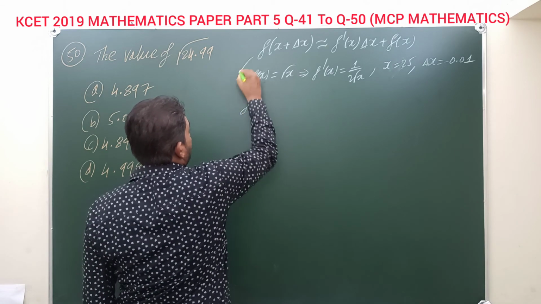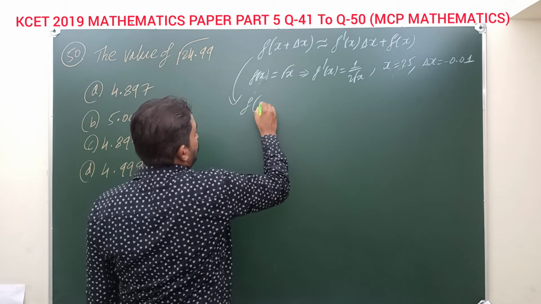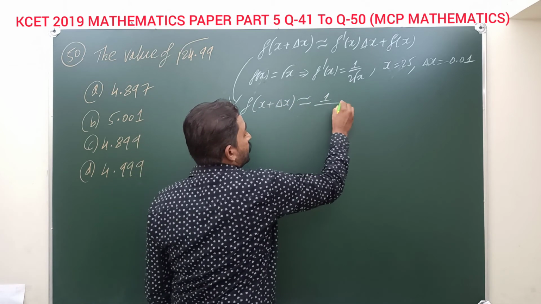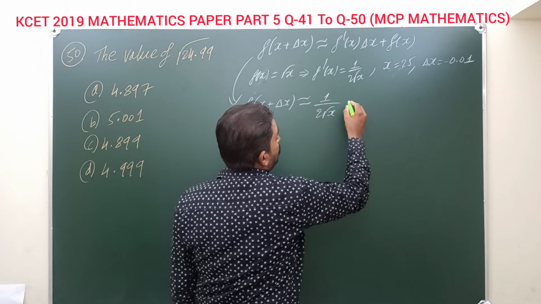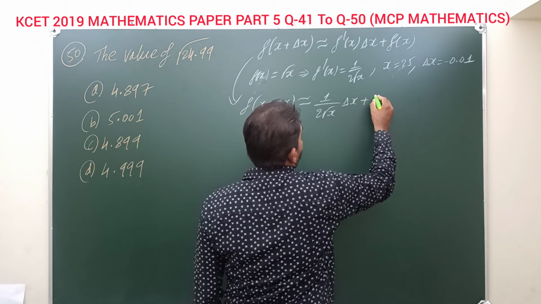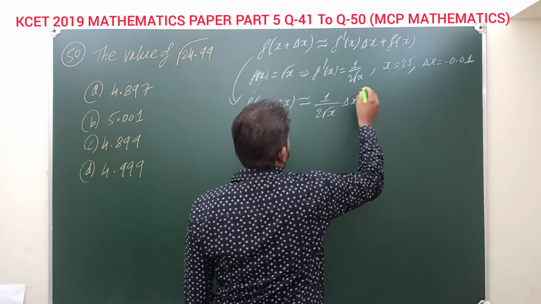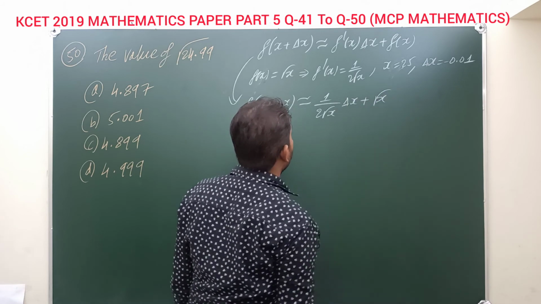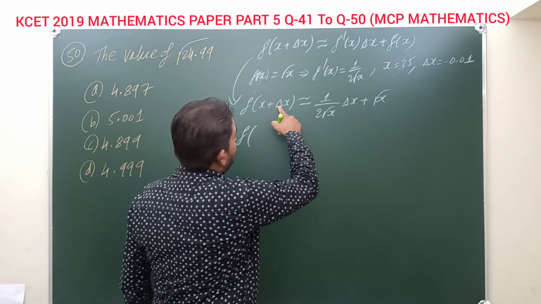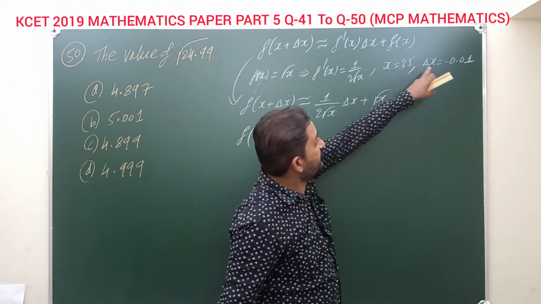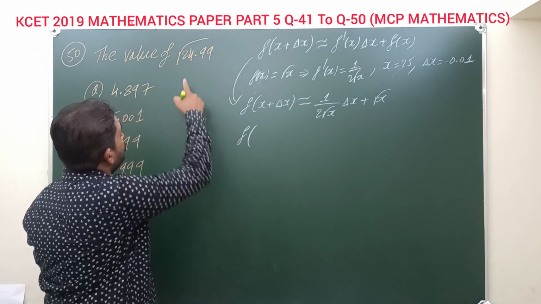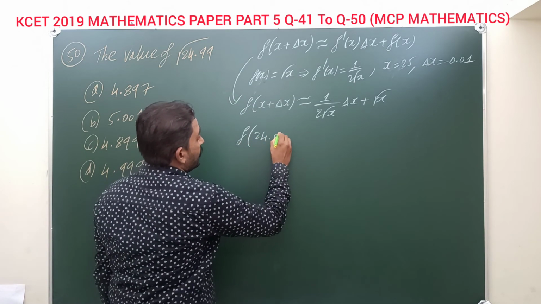This can be written as f of x plus delta x approximately equal to 1 by 2 root x into delta x plus f of x, which is root x. Now substitute the values of x and delta x. x plus delta x is 25 minus 0.01, which is 24.99.